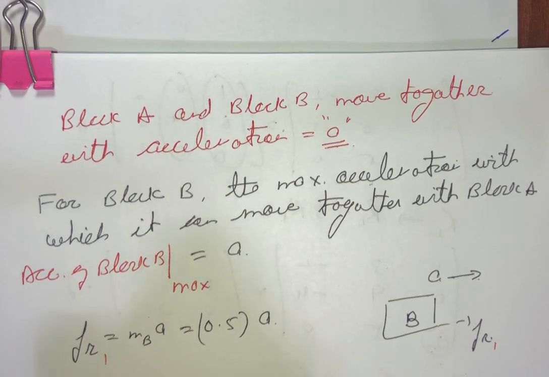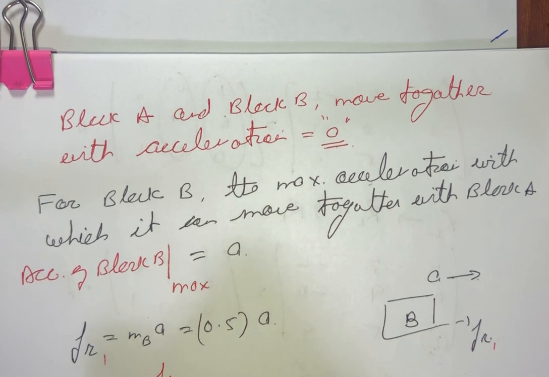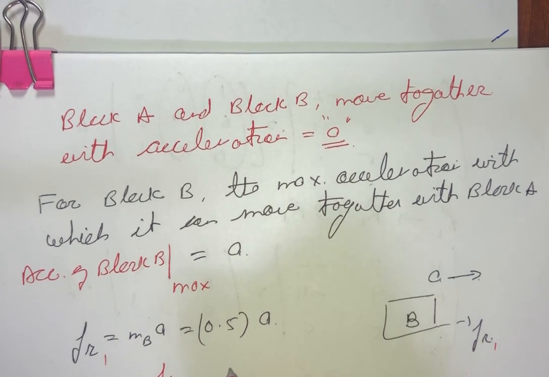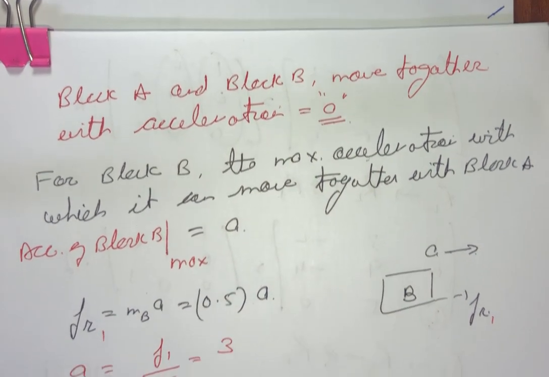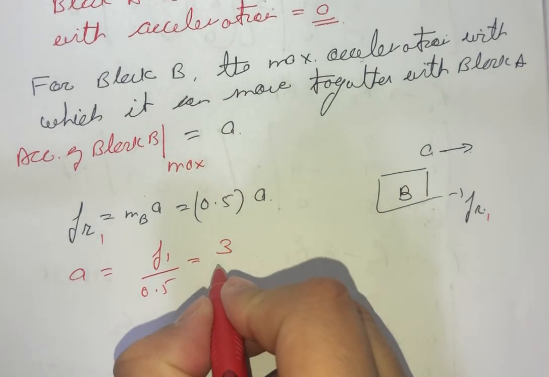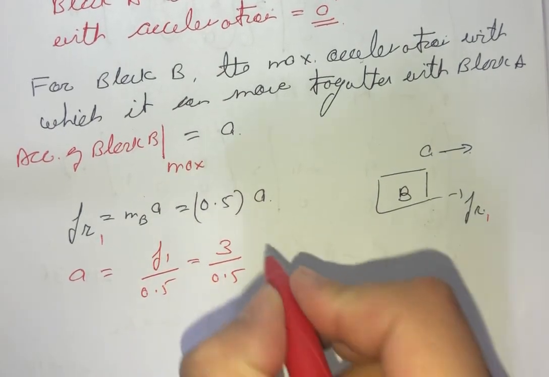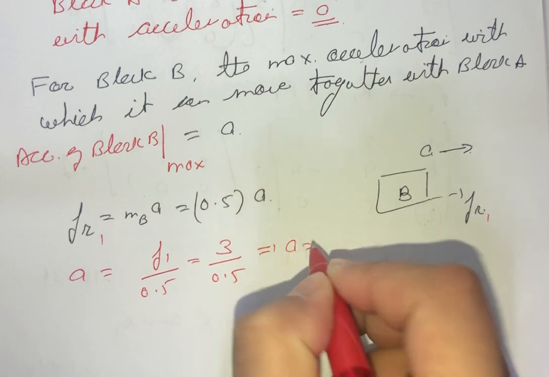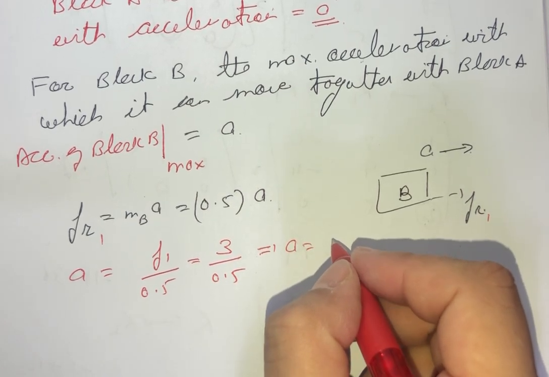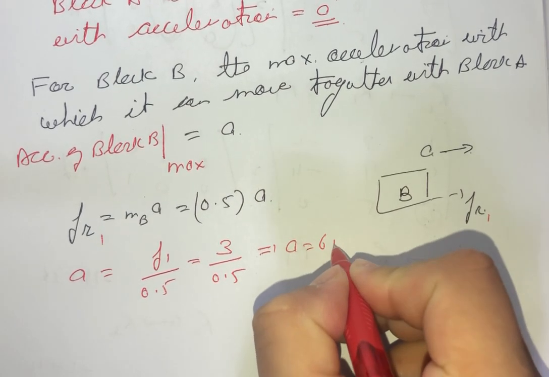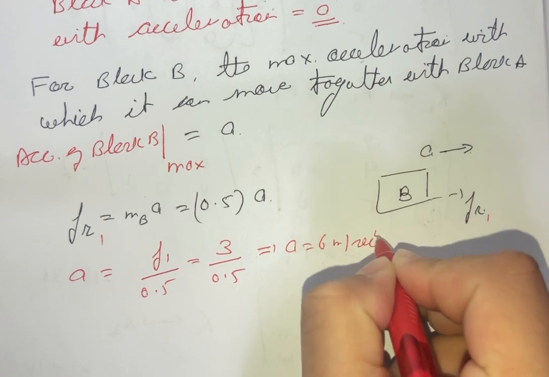So we can say acceleration a will be equal to Fr1 divided by 0.5. Fr1 is 3 Newton, so this will be 3 divided by 0.5, which gives us acceleration a equal to 6 meter per second square.